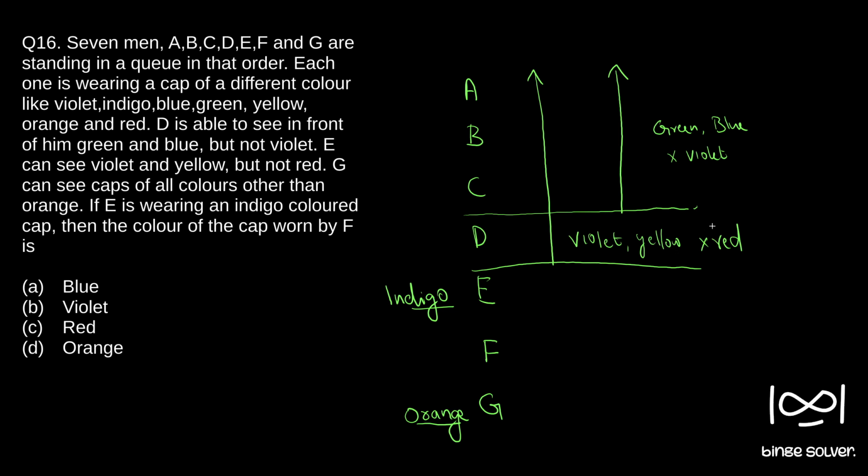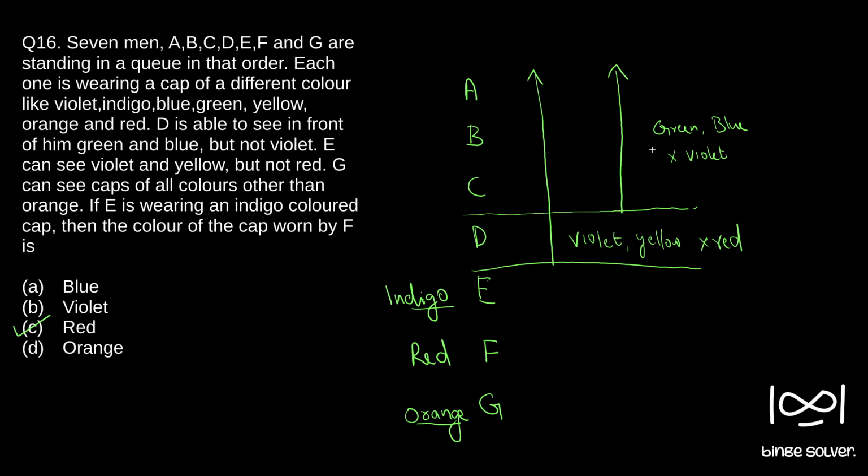So the only possibility is that red should be the color of the cap of either E or the persons behind him. Since we already know E is indigo and G is orange, the only possibility is that the color of the cap of F is red. So the color of the cap worn by F is red. The answer is C. This is the solution to question number 16.